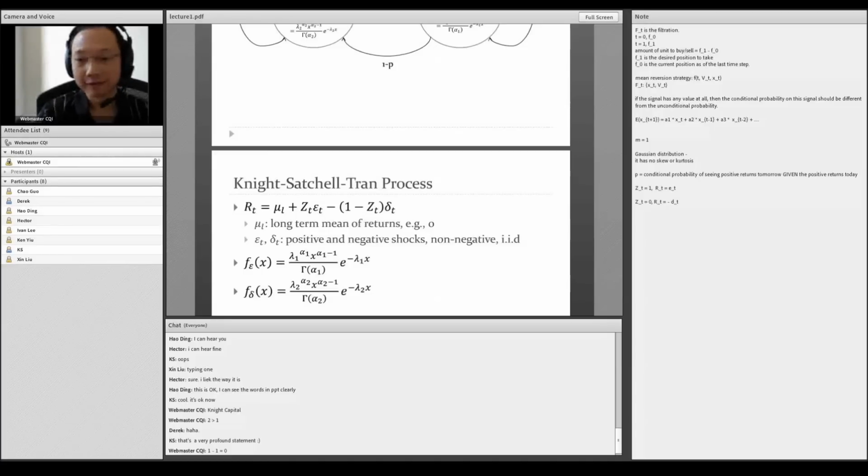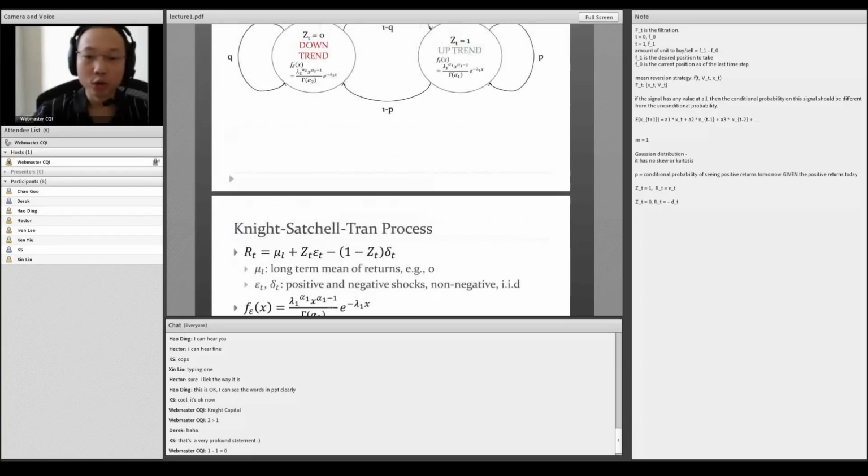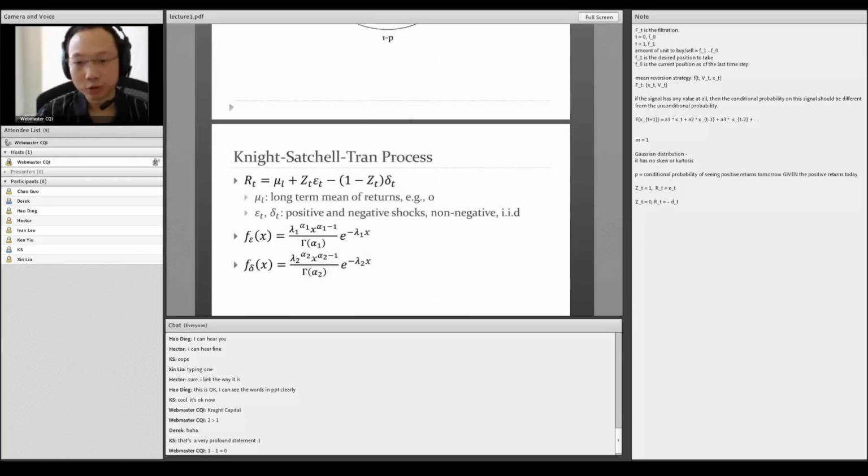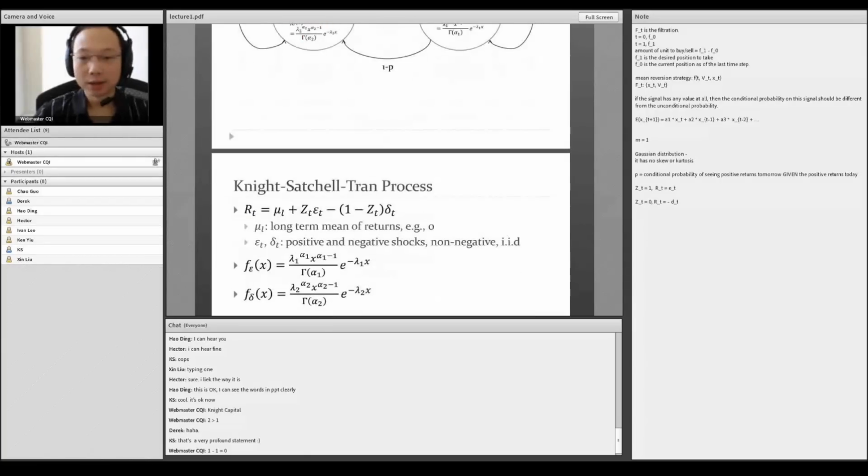But here the distribution is described by two functions, and which function to choose depends on which state you are in. You have a two-state model. So this distribution is a bit complicated because it is defined by a Markov chain together with two conditional distribution functions.